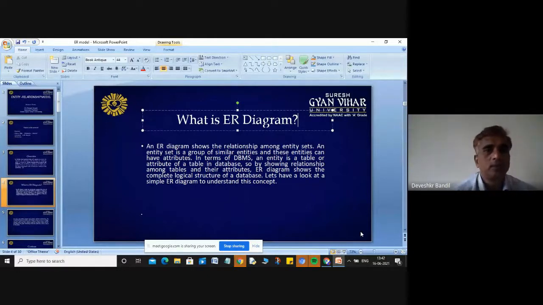Obviously, the student table has some columns, some attributes like student name, age, father name, mother name, area, mobile number, etc. The ER diagram shows the complete logical structure of your database. As I had told, through the ER diagram you can describe the whole enterprise.